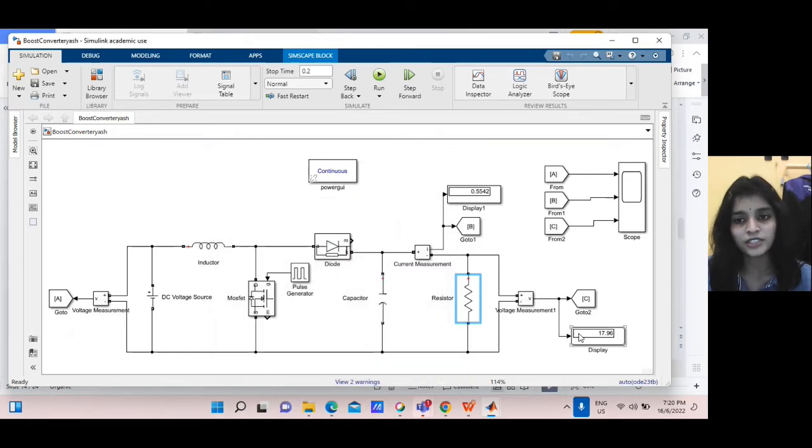For the output display, we use the display to show the output voltage, and we also use the scope to show the waveform or signals that come out for the output voltage. Okay, this is the diagram. Then I'm going to run it.